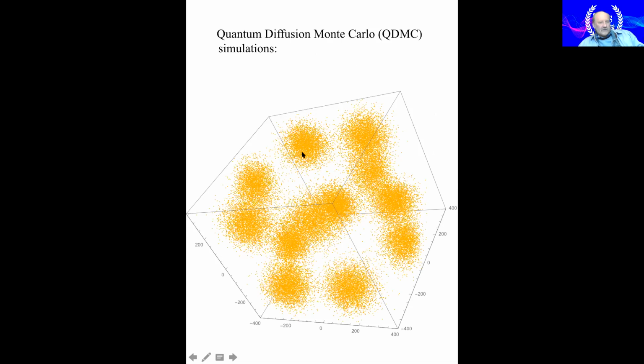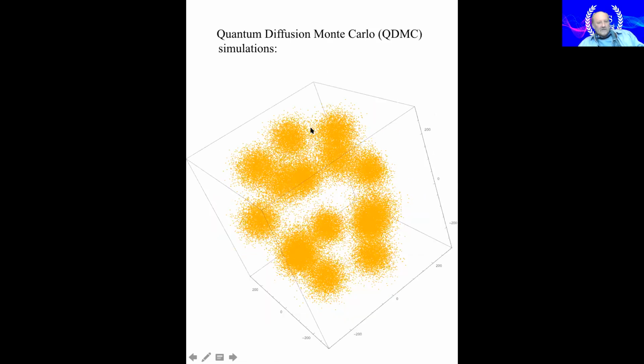This is for an even number of electrons, 12 for example, and this is for an odd number of electrons, 15. So you see the wave functions are dispersed because this is a probability density, and you have 3 layers. You can confirm exactly, in the sense that you solve the exact Schrödinger equation for n electrons, only with quantum diffusion Monte Carlo, either static in some cases or time dependent, which we developed recently.